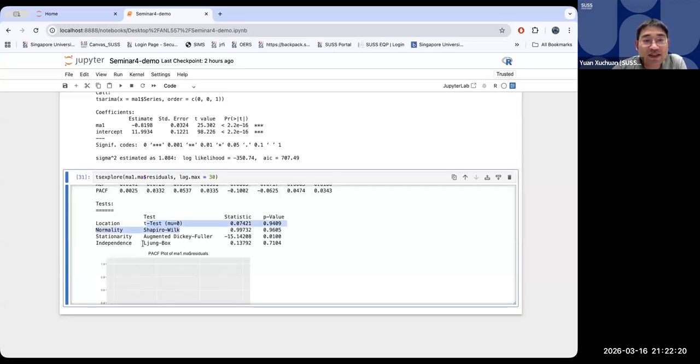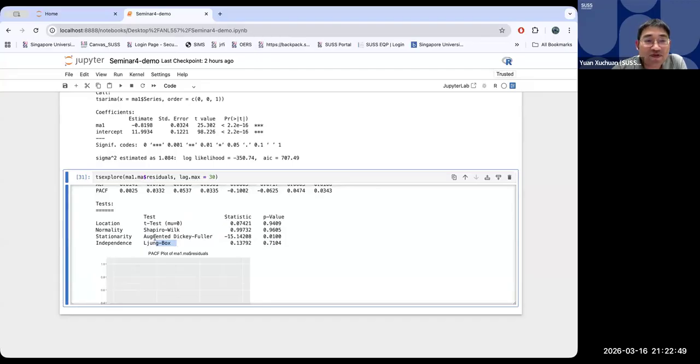And if you look at the independence test, you will not reject the independence hypothesis, right? So you can see they are independent. Those residuals follow a normal distribution with mean 0 and are also independent, okay?